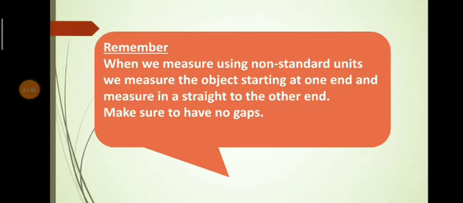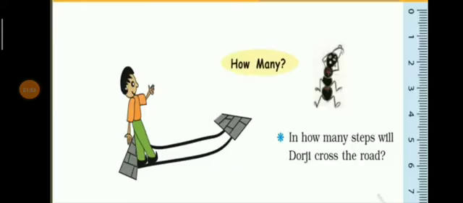Students, now let us understand the measurement of length using a non-standard unit with an example. As you can see, there is a boy named Dorji. He wants to cross the road. Let us know in how many steps he will cross the road.